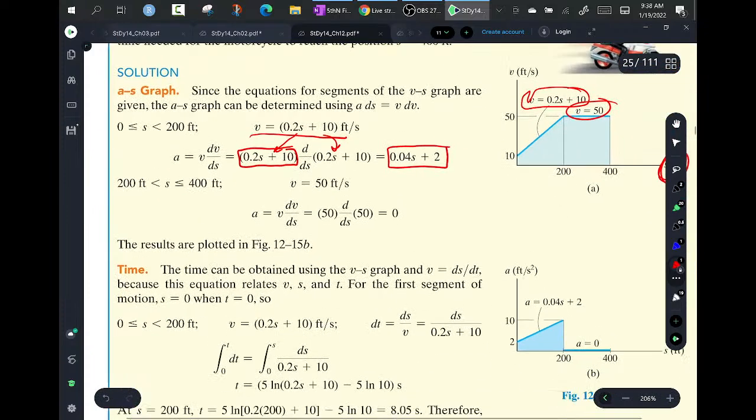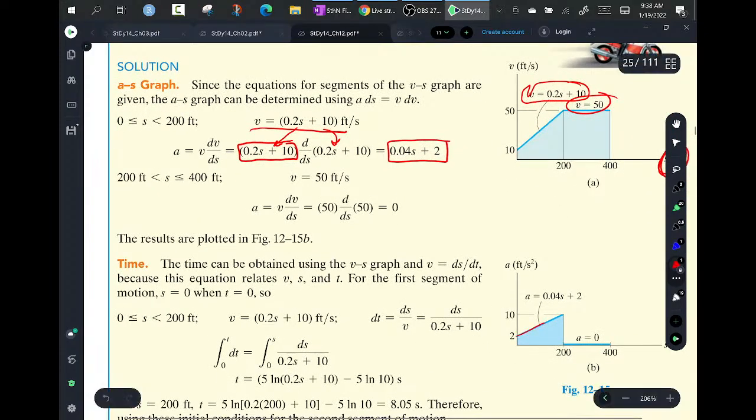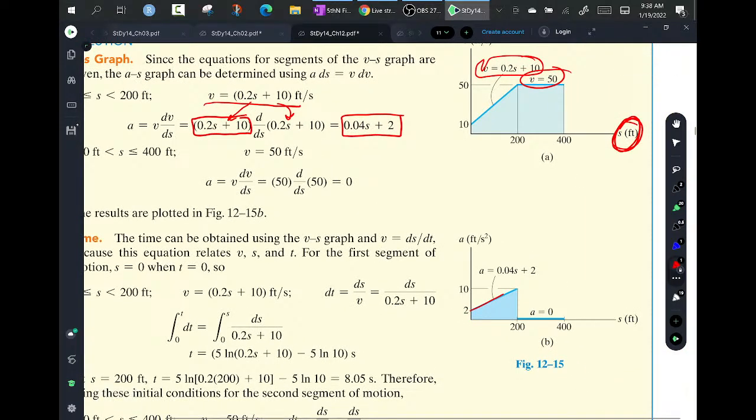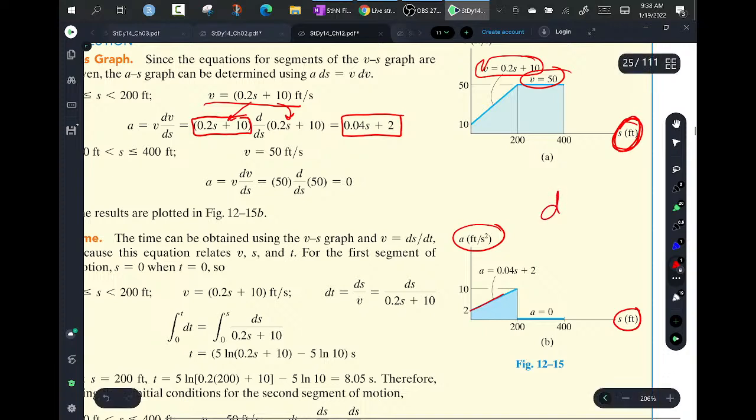Now, here's the thing. This is the acceleration with respect to S, not the acceleration with respect to T. So in other words, you may look at this plot and say, ooh, you had a jump in the acceleration. Maybe and maybe not. Depends on the circumstance here.